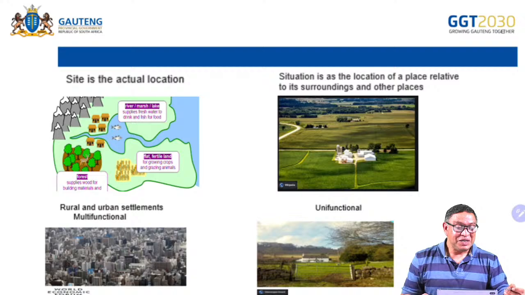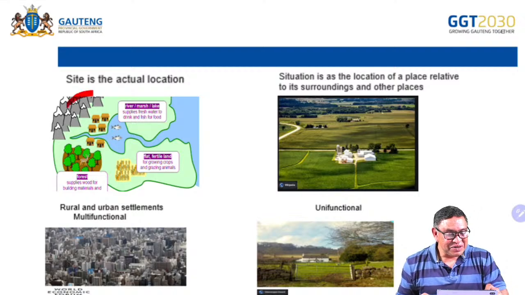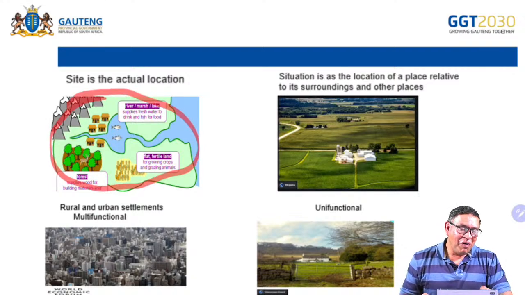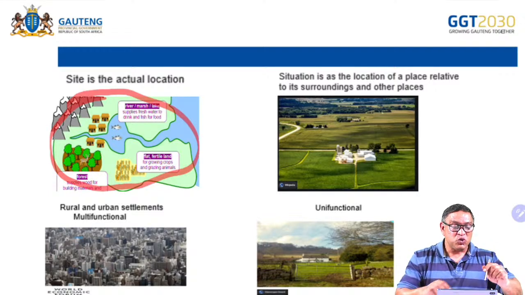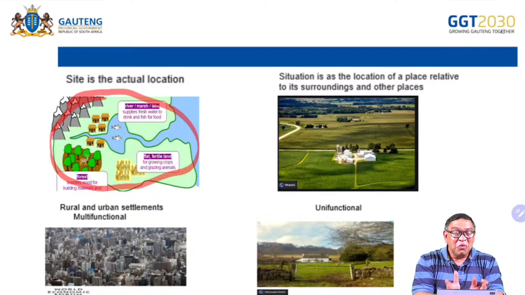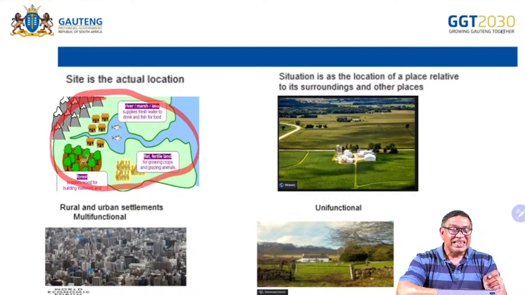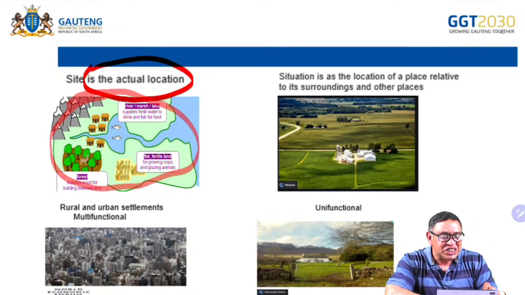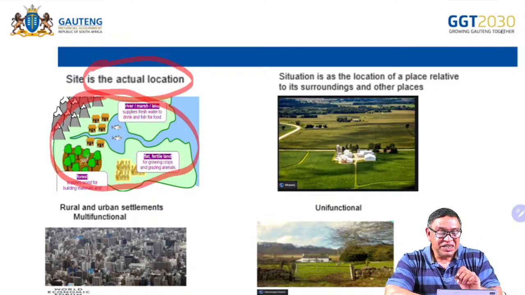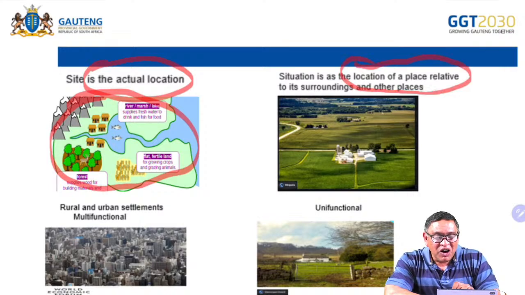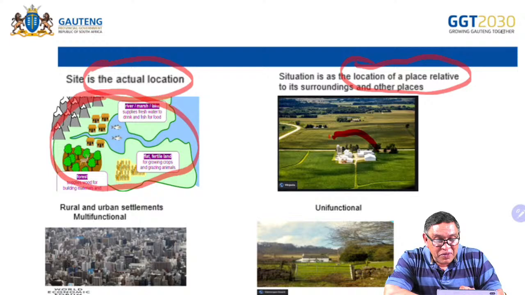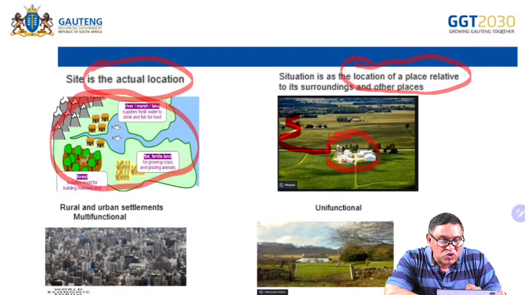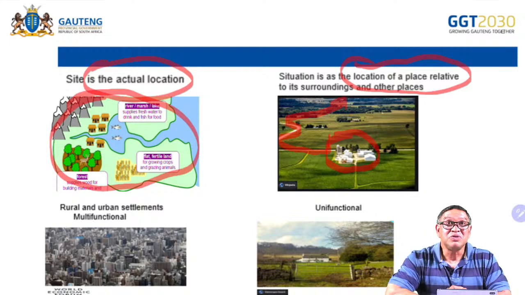Let's look at this visual. All these factors are on the place where the settlement is, which tells you it's the site, the actual location. Situation is the location of a place relative to its surroundings. So there's the settlement here, and it's looking at transport routes leading to the market.